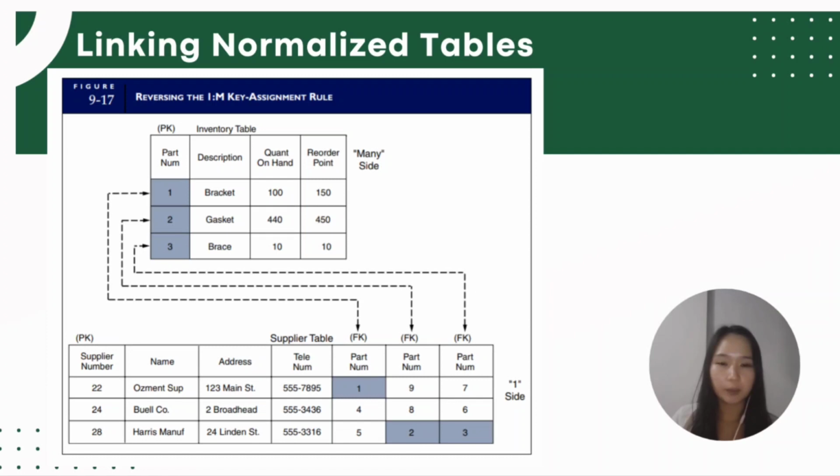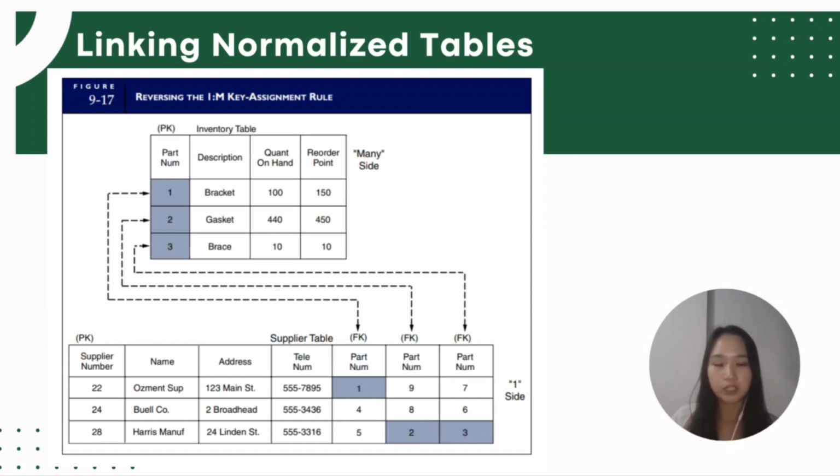This rule describes an upper-bounded one-to-many association between the supplier and inventory tables. The second business rule: each vendor supplies the firm with any number of inventory items, but each item is supplied by only one vendor. This is a true one-to-many association in which the upper limit of the many side of the association is unbounded. For instance, the vendor may supply one item of inventory or 10,000 items.